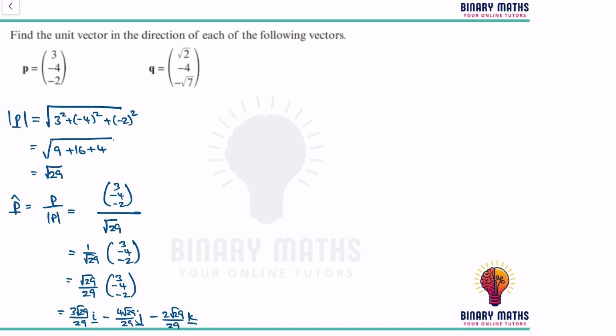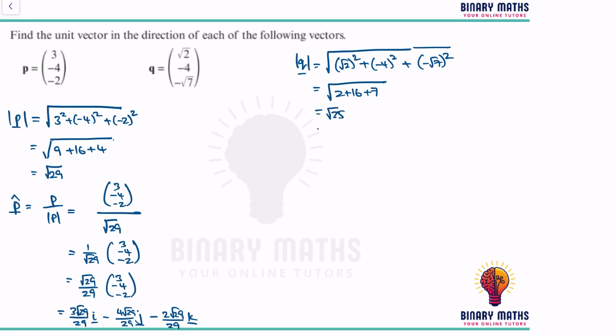Similarly for q, the first thing I need to work out is the magnitude of q, which is equal to the square root of root 2 squared plus minus 4 squared plus minus root 7 squared, which is equal to 2 plus 16 plus 7, which is root 25, which is 5.